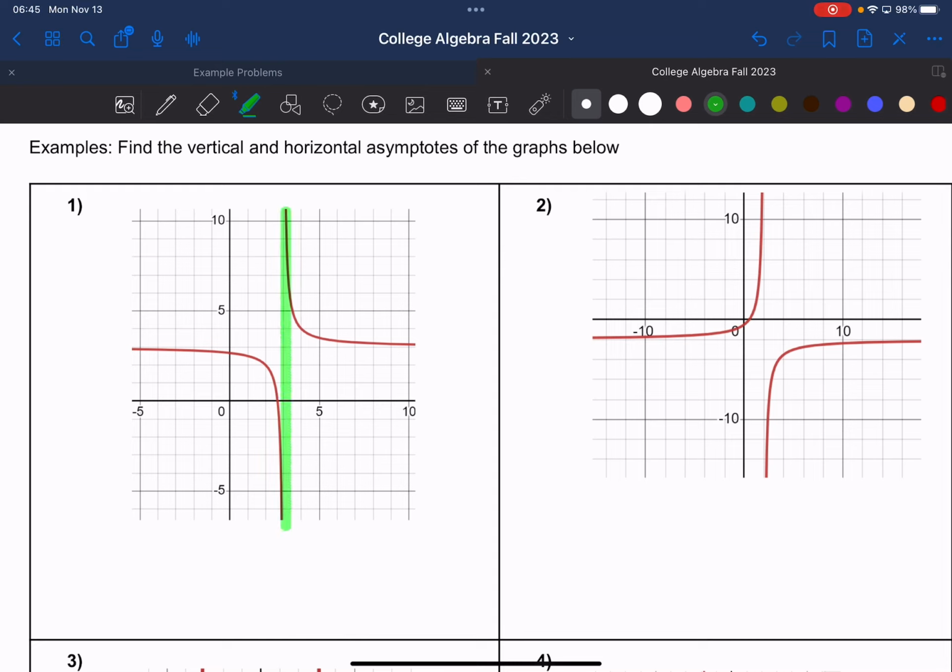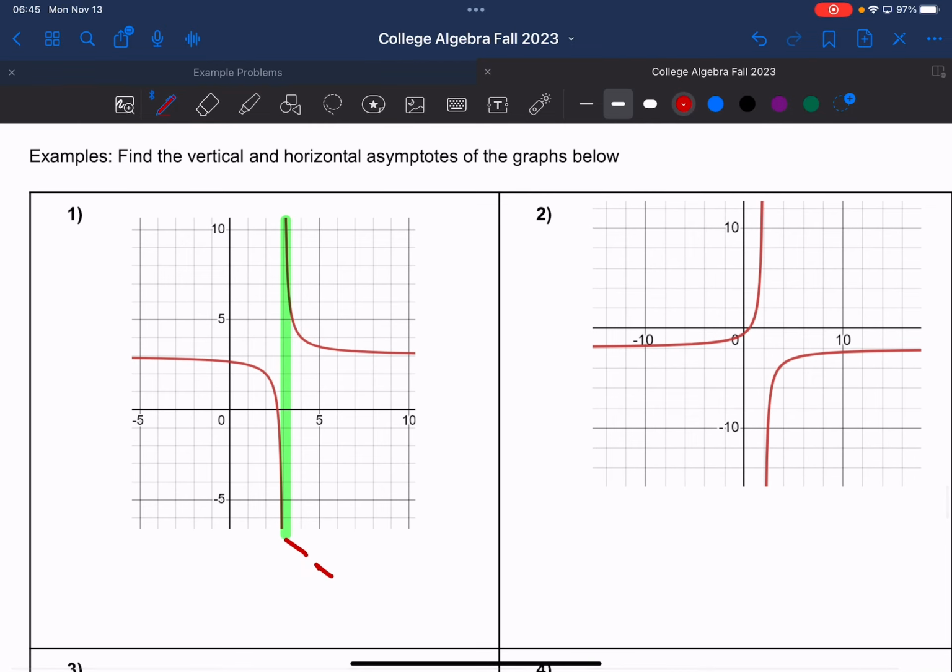The first function is approaching that vertical line but technically never touching it, and this one is also approaching it, never touching it. These graphs never go past it. That vertical line that separates those functions is called the vertical asymptote.